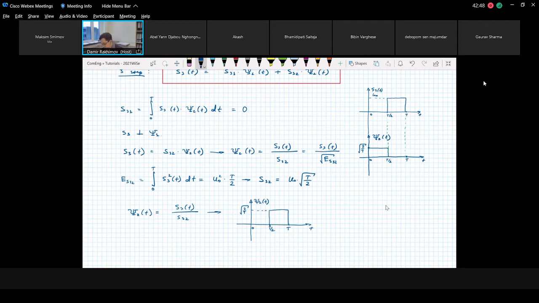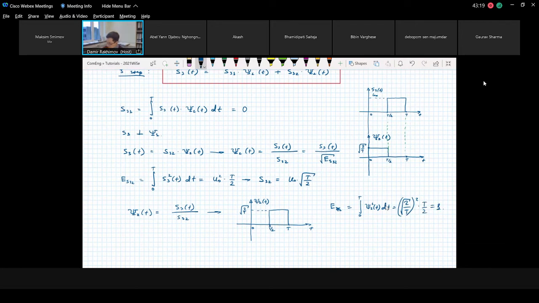And by the way, let's calculate the energy for such a basis function. If we calculate the energy of the second basis function, the integral from 0 to capital T of the second basis function squared times dt, we get square root of 2 over capital T, squared, times duration T over 2.